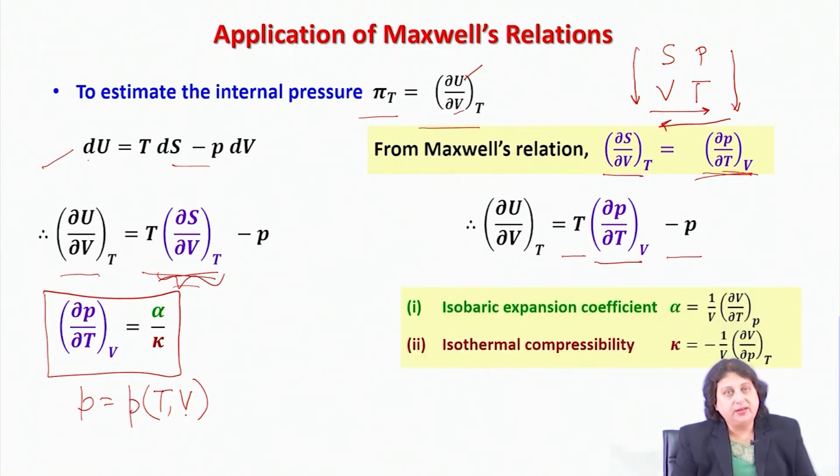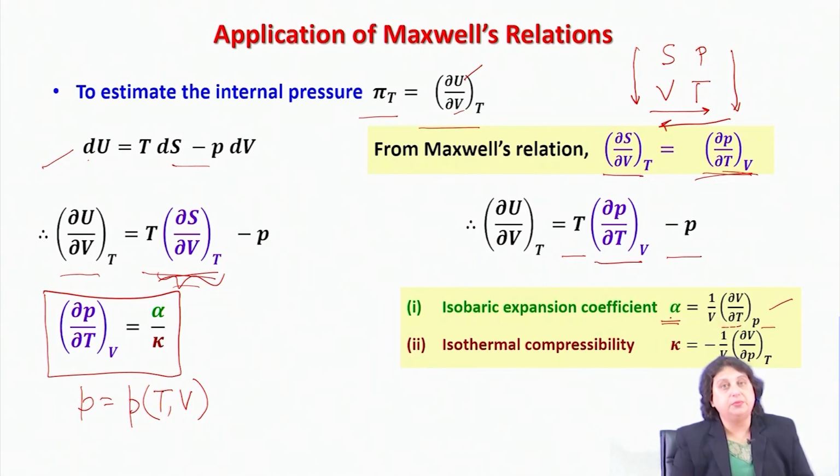Now, what is alpha? Alpha is the isobaric expansion coefficient, and by definition, this is 1 by V del V del T at constant P. So, as you understand, if you subject your system to a variation of temperature under isobaric condition, the resultant fractional change in volume will give you the alpha.